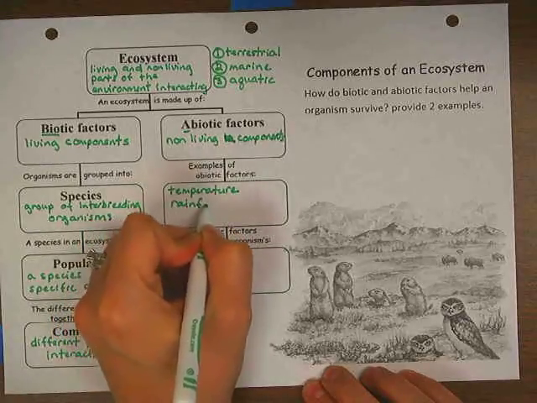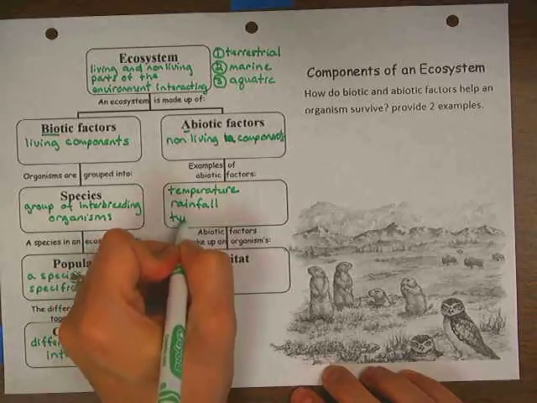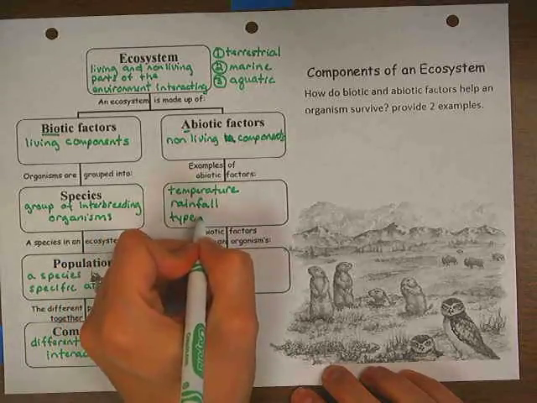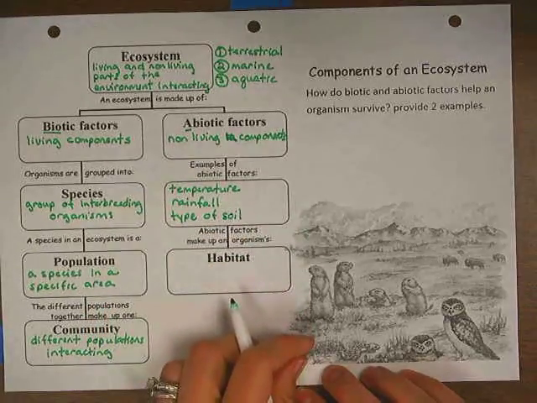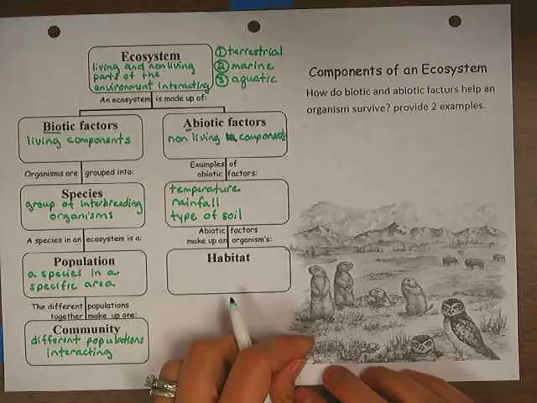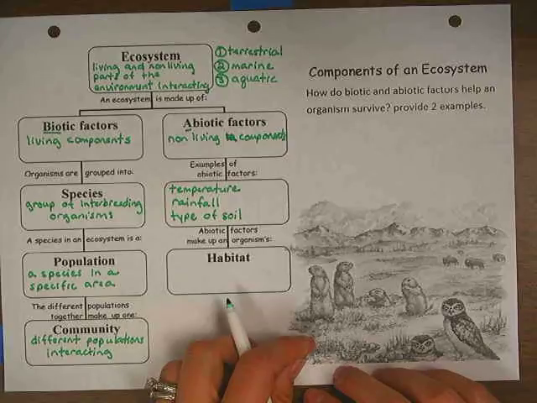They might include things like temperature. They might include things like the amount of rainfall, maybe the type of soil. Certain plants and animals could have to have a certain type of soil. So all of those would be examples of abiotic or non-living factors.